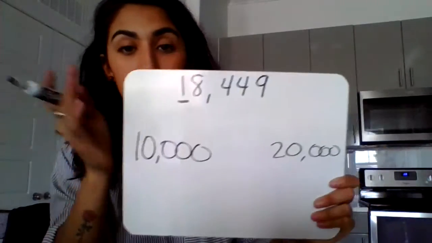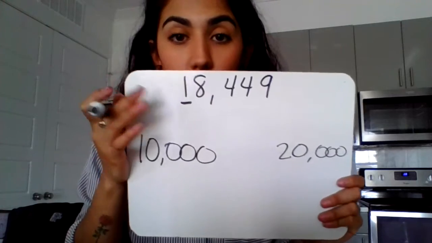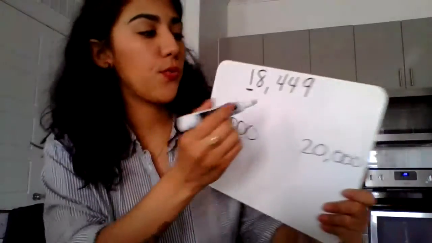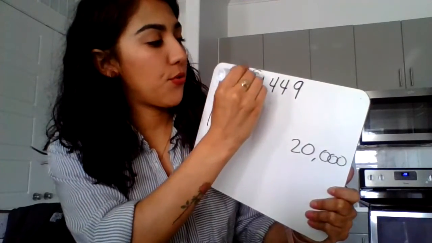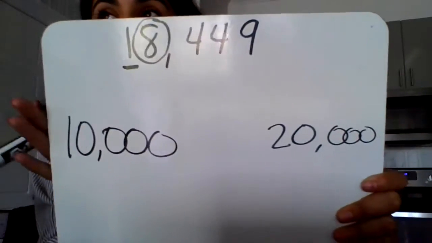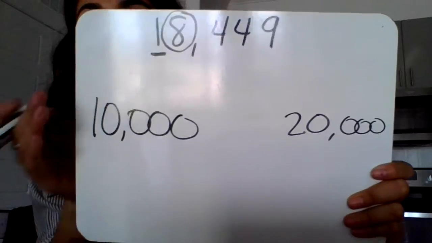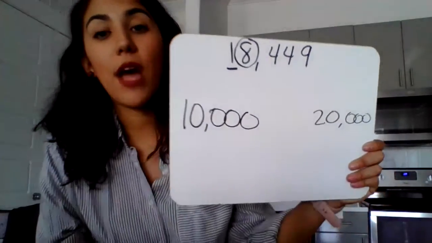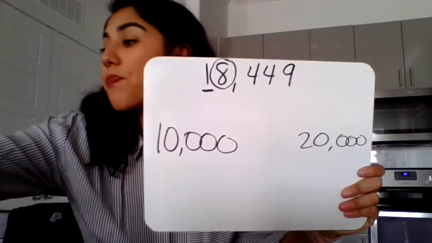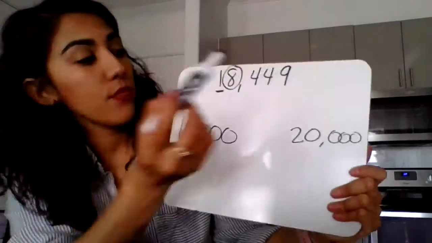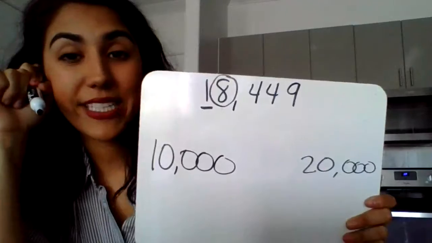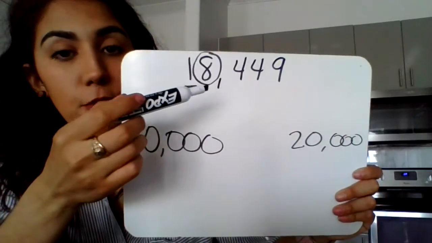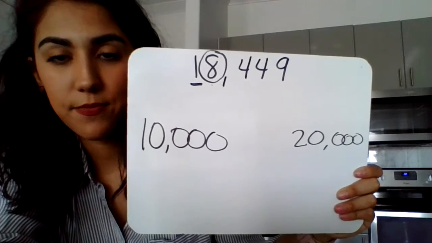Now step 1, underline the place value they want you to round to. Step 2, circle the number to the right, because the number that you circle is going to tell you if you're going to be rounding down or rounding up. This is where we apply our rounding rules, boys and girls. The number that we circled, is it 5 or more, raise the score, or is it 4 or less, let it rest?